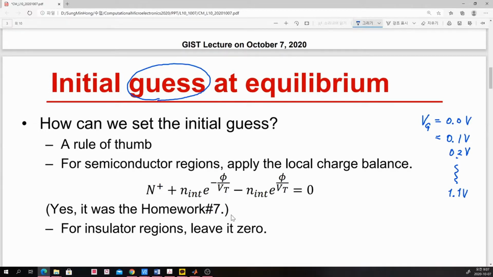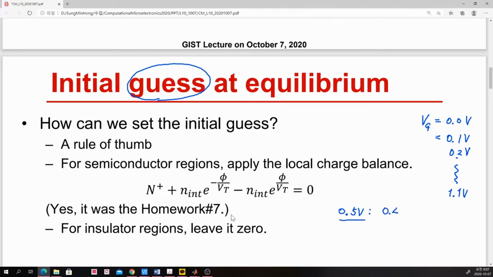In every case, for example, if we are working with 0.5 volt, then how can you provide the initial guess for this bias voltage? It is not that difficult, because we have previously solved 0.4 volt and it was successful. This successful solution will be used as the initial guess for our next bias point.